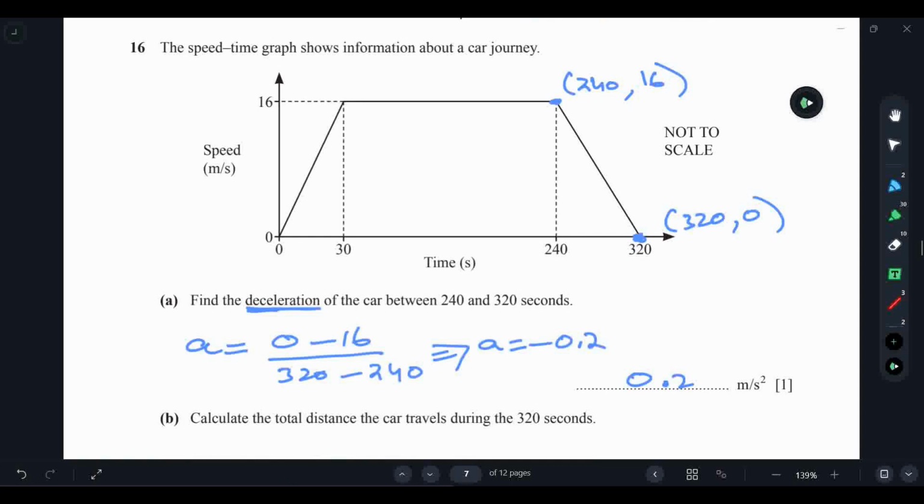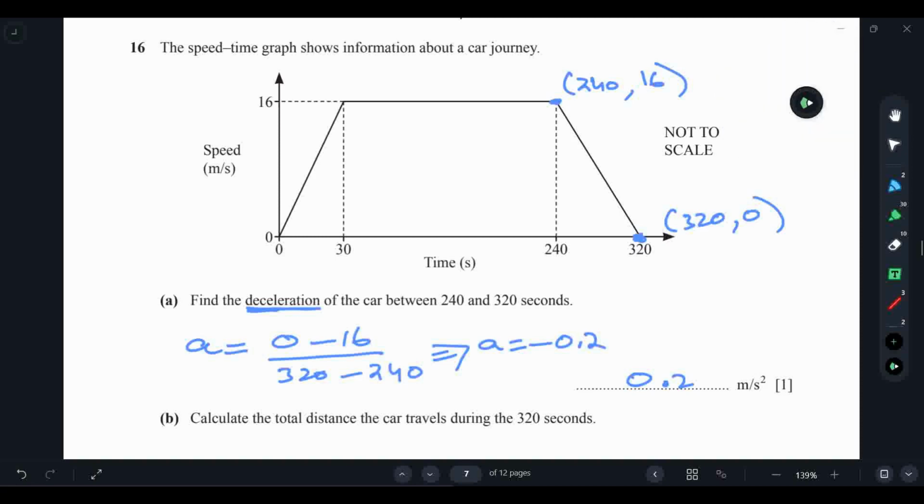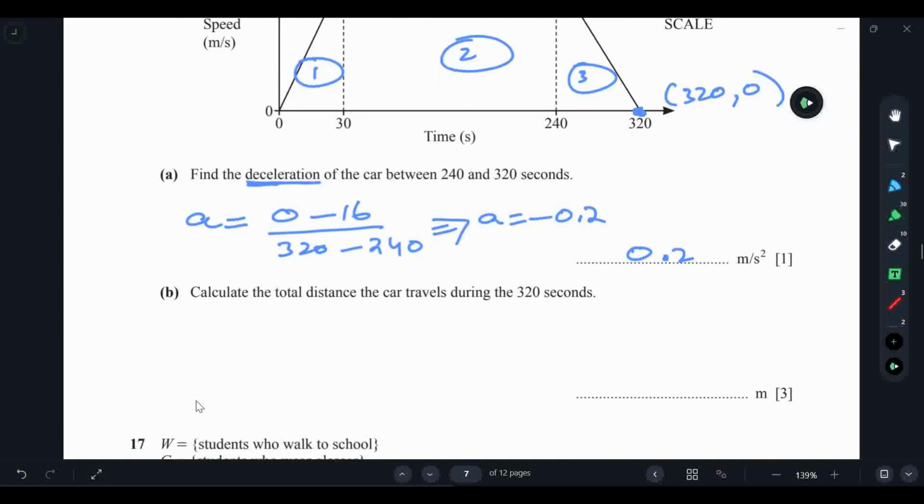Calculate the total distance the car travels during the 320 seconds. Now for distance, we need to find out the area for each part: the first one, the second one, and the third one. The area for the first one, because it is a right angle triangle, is 1 by 2 base into height.